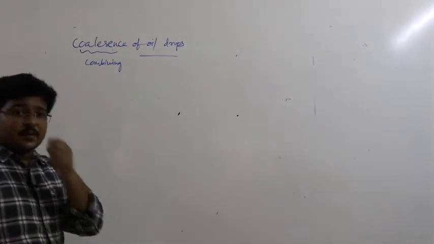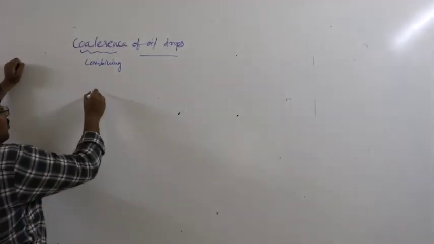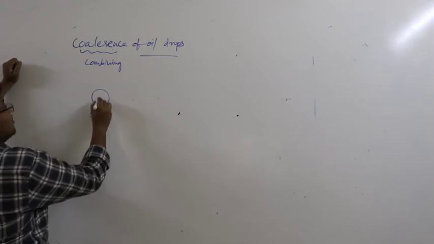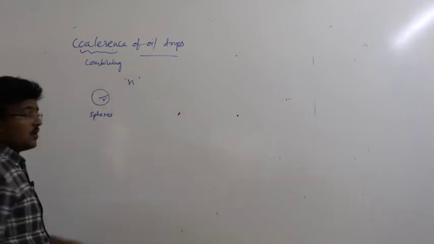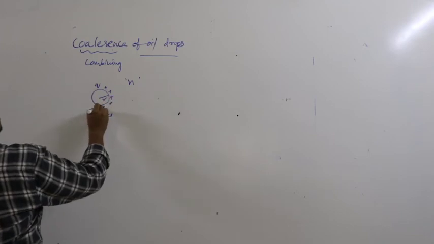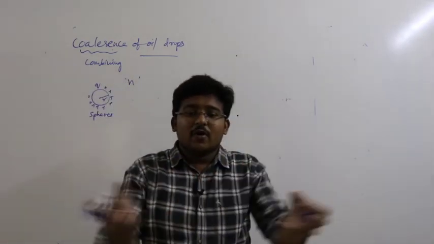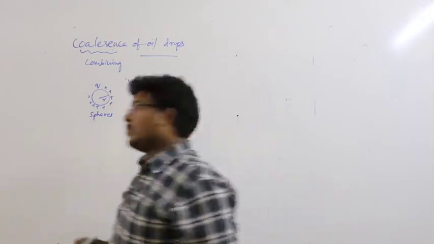Oil drops will be in spherical shape, right? Okay. Now I have some oil drops, small spheres of radius small r, like n number of oil drops, each having a charge small q. So these n number of oil drops I am combining to get a bigger drop.